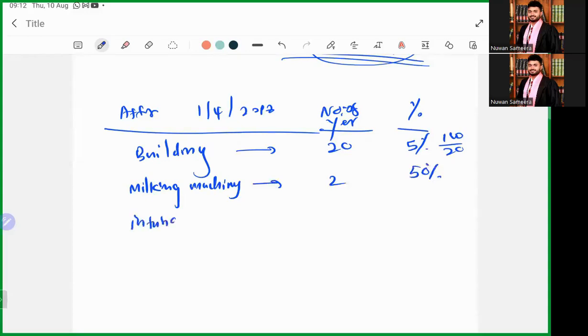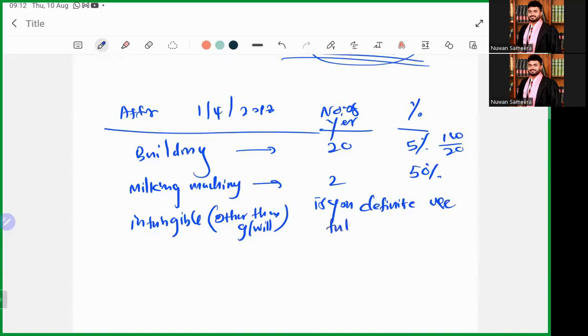Intangibles other than goodwill: if you know the exact or definite useful life, use that.